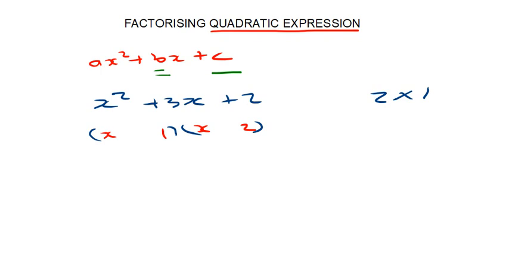Then we say the bigger number always takes the sign of the middle term. The middle term is positive, so 2 is going to be positive. Because of this positive, this one is going to be positive also. Then you are done.